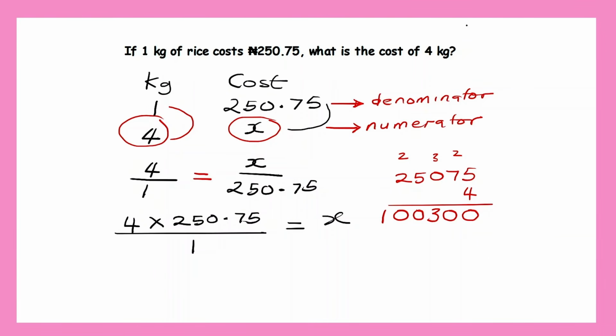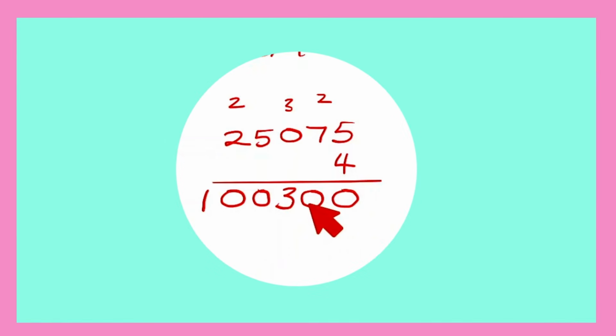Having gotten this, we now count the number of decimal places. Over here, you see that in the original number, we have just 2 decimal places, 1 and 2. So we are going to count from the right to the left 2 decimal places, 1, 2. And then we are going to have a decimal over here.